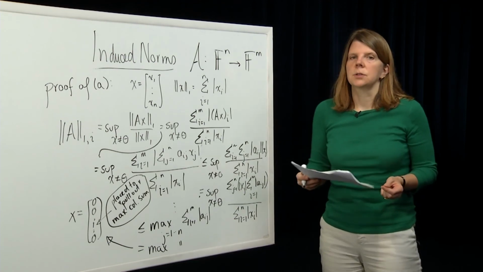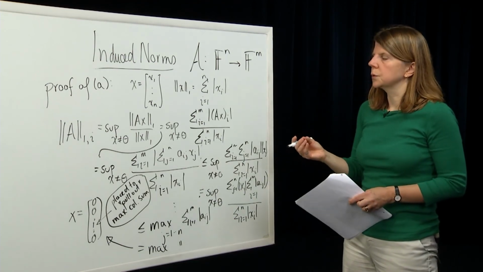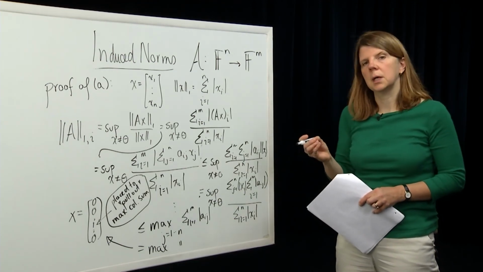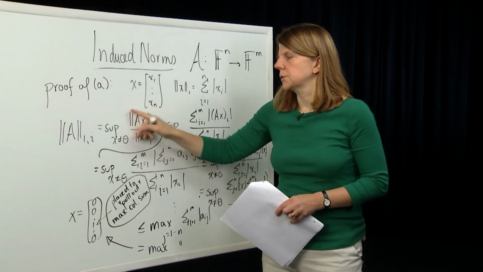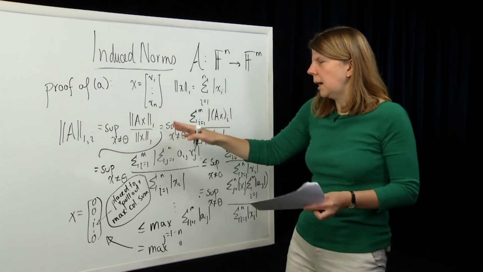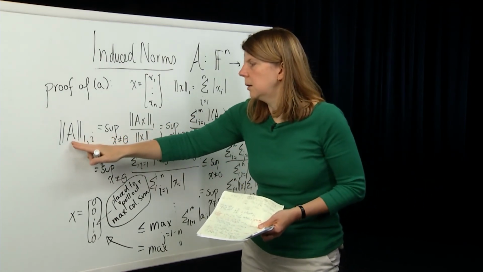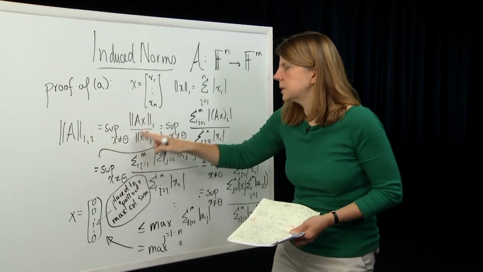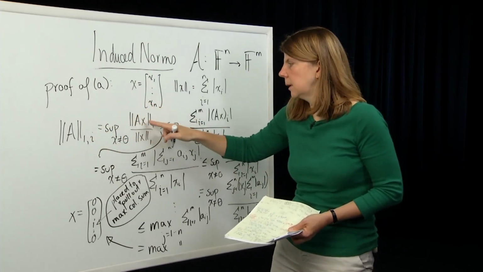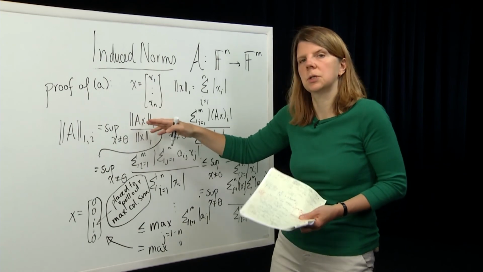Okay, so in today's module, what we've done is to study the concept of a popular matrix norm called the induced norm, by starting with an abstract definition of the induced norm, and we think about the norm on the matrix A as being that norm which is induced by the matrix multiplication operation.